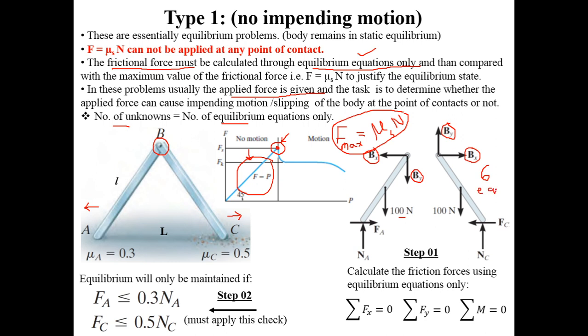Okay, summation Fx, summation Fy, summation of moment. So we have six equations of equilibrium, and we have six unknowns.